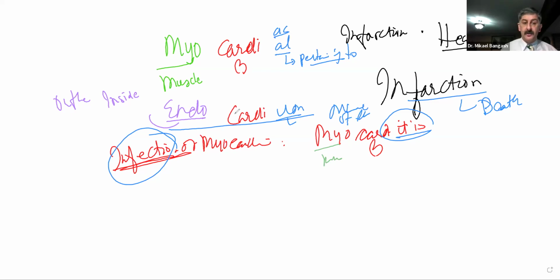Where do you find the structure? On the inside of the heart. So that structure which is found on the inside of the heart is going to be called endocardium. Did you get that? Good.